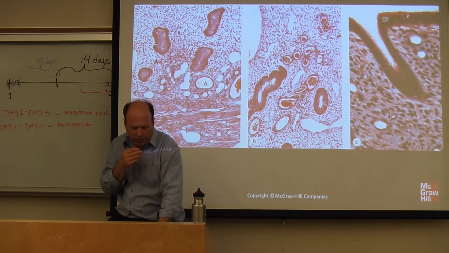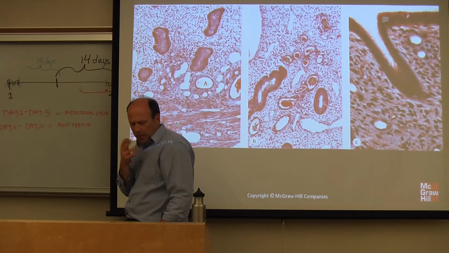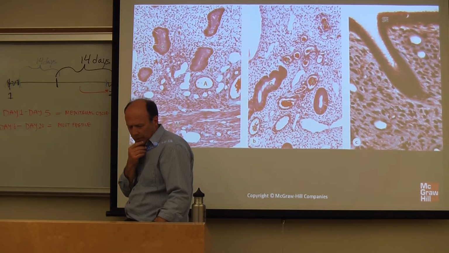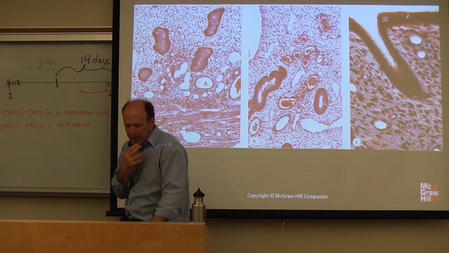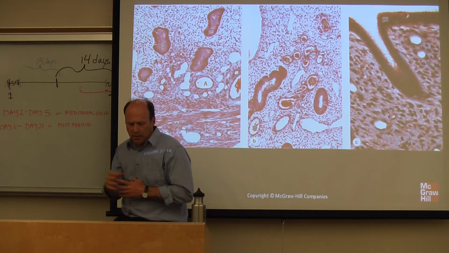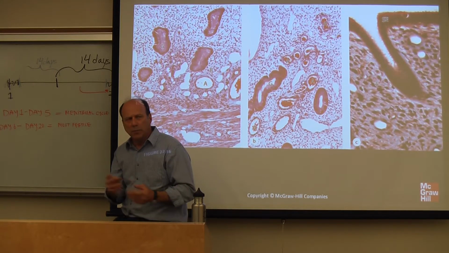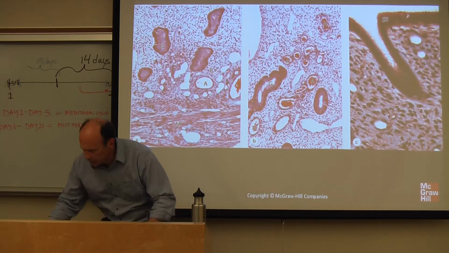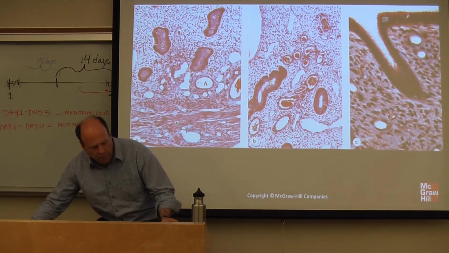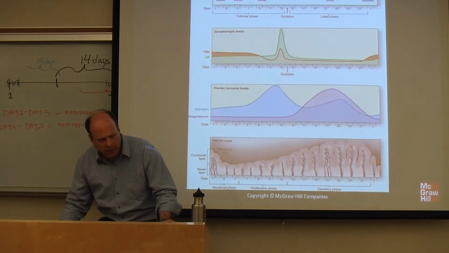There's this coating on the uterus that's going to be sloughed off during menstruation. So the endometrium is that coating, and it's getting thicker, and it's getting thicker based on hormones. Higher levels of estrogen and progesterone will trigger that.